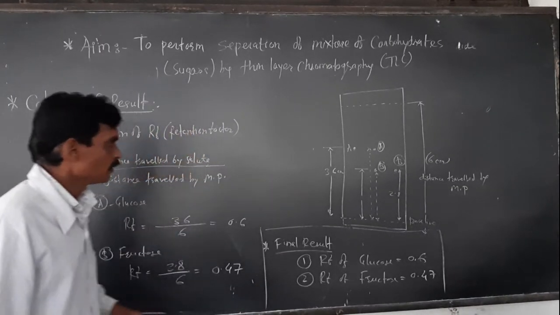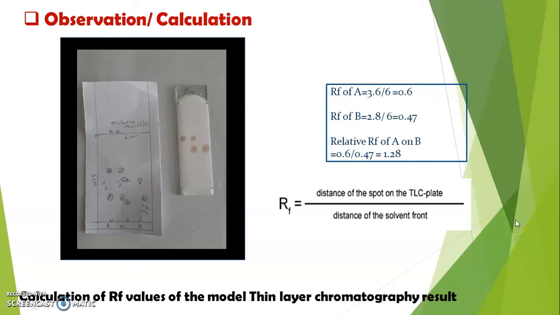So students, after performing the separation of the mixture of glucose and fructose by using thin layer chromatography, and by performing the TLC of this carbohydrate mixture, we got the following observations on the TLC plates of spots.